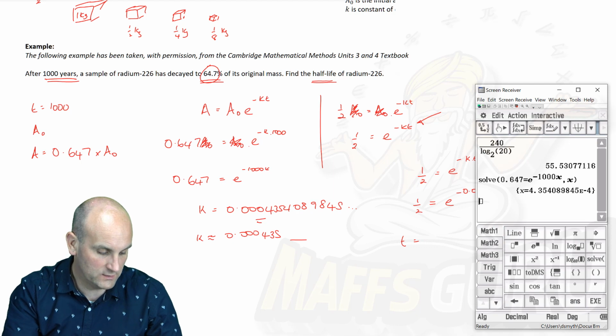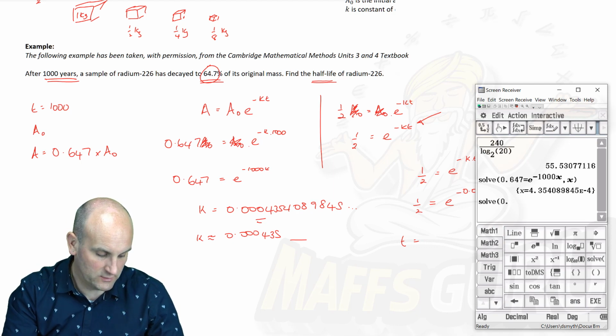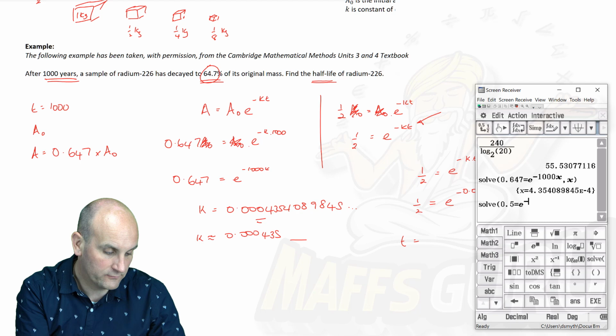I want it to solve where 0.5 is equal to e to the power of minus, and I'll highlight the value of k and drag it down, although it doesn't want to drag into the right place. Let's try that again.